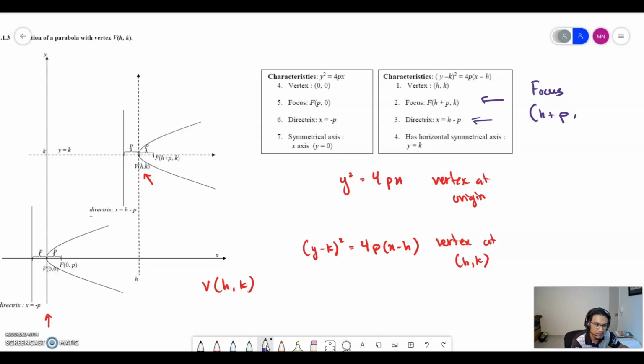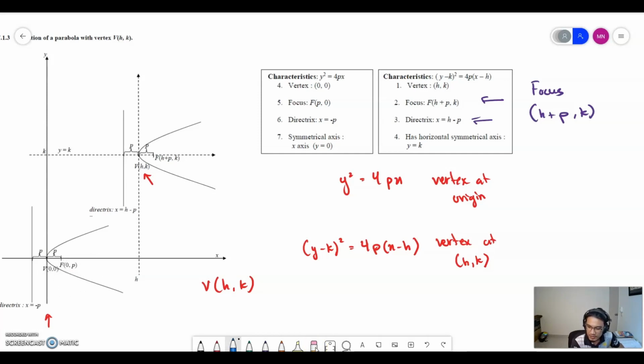H plus p, k, because in the original parabola where the vertex is at the origin, we only have the focus at 0, p. So now it will be h plus p, k. Okay, now I spot a typing mistake right here.